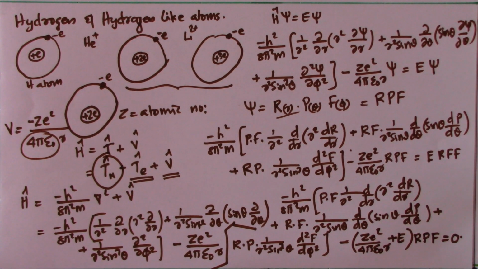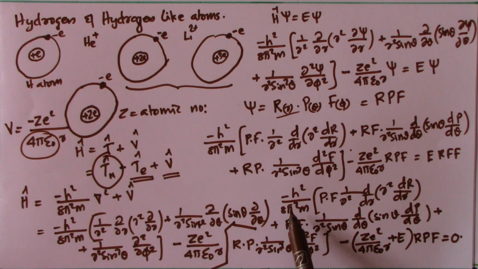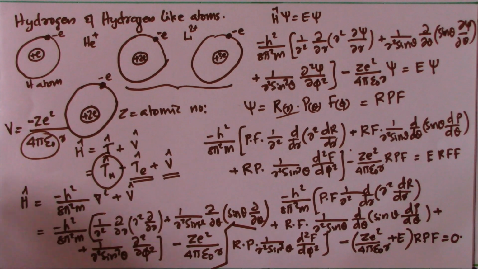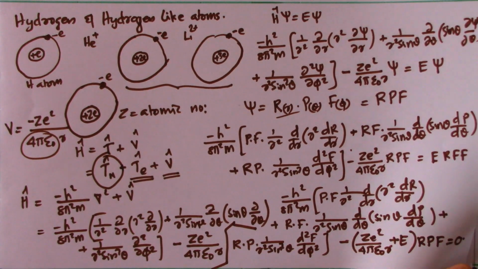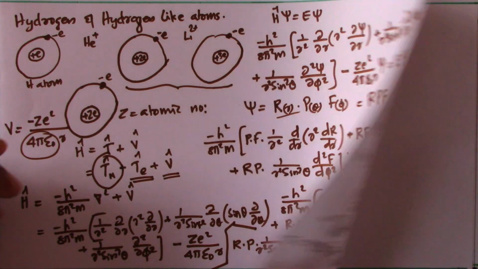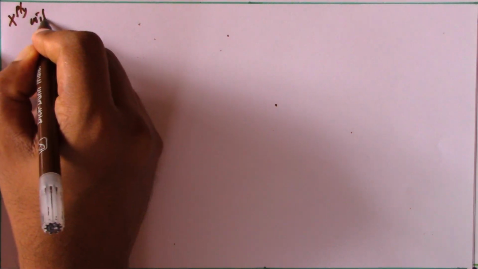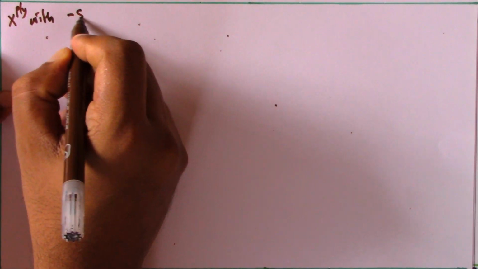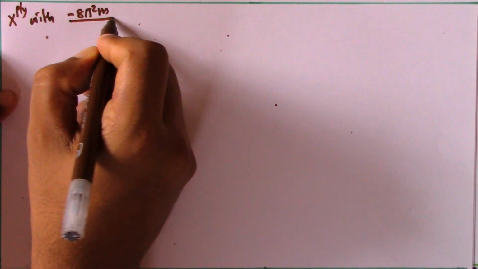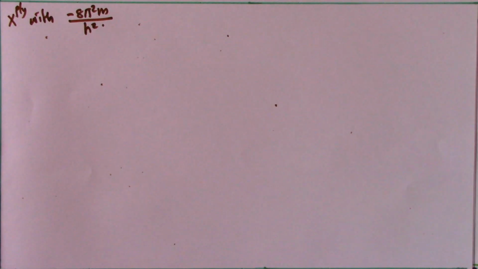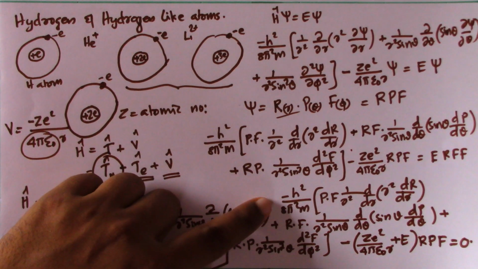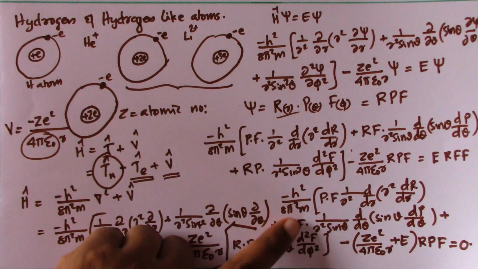Next, I am going to multiply this equation with minus 8 pi square m divided by h square. So what will I get?